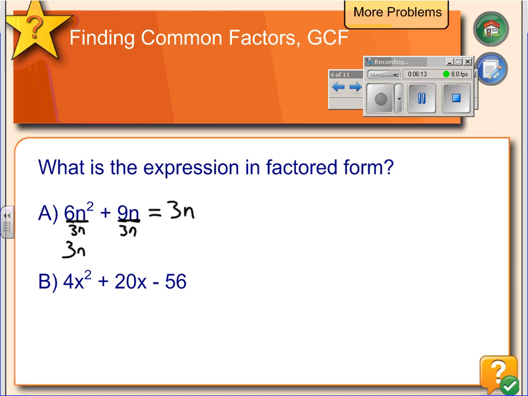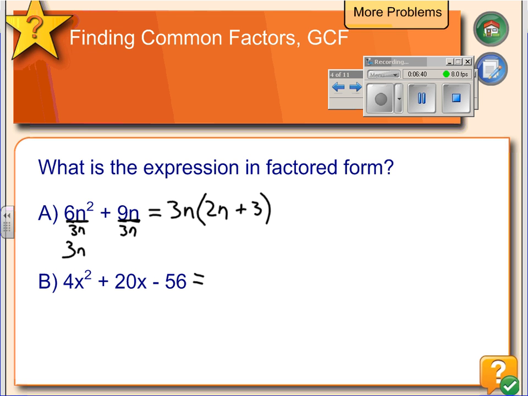So 6n squared divided by 3n is 2n, and 9n divided by 3n would give us just 3. Now if we were to distribute the 3n into this factor, we should get 6n squared plus 9n, and we do. So that's factoring out a GCF, or a greatest common factor.